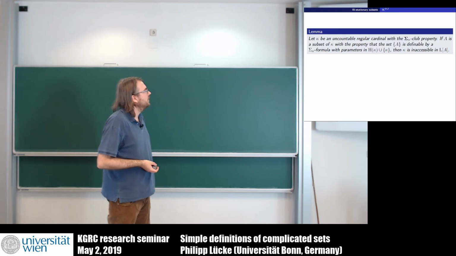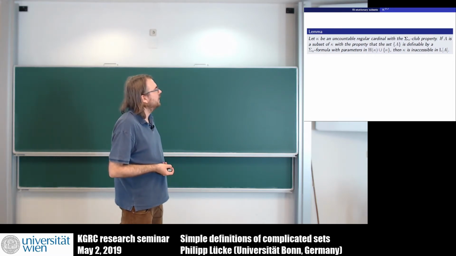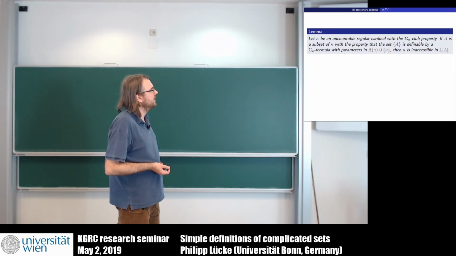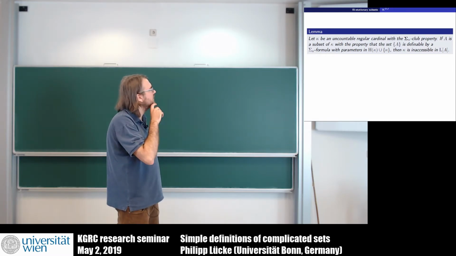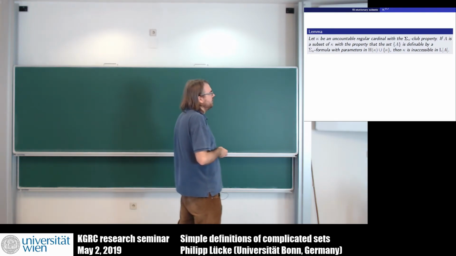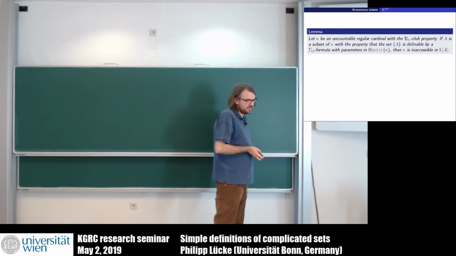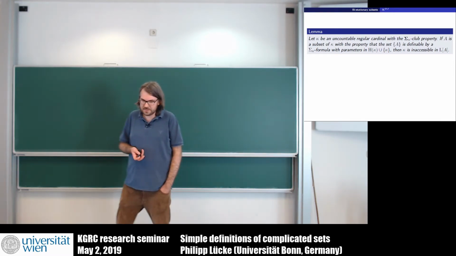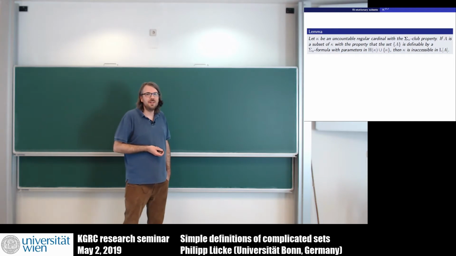Okay, and another ingredient that we need is that if we have this club property and we have a singleton that's definable in this way, so a Σn formula with parameters in H_κ and also κ as a parameter, then this cardinal is inaccessible in the corresponding L[A]. And this actually requires some work.